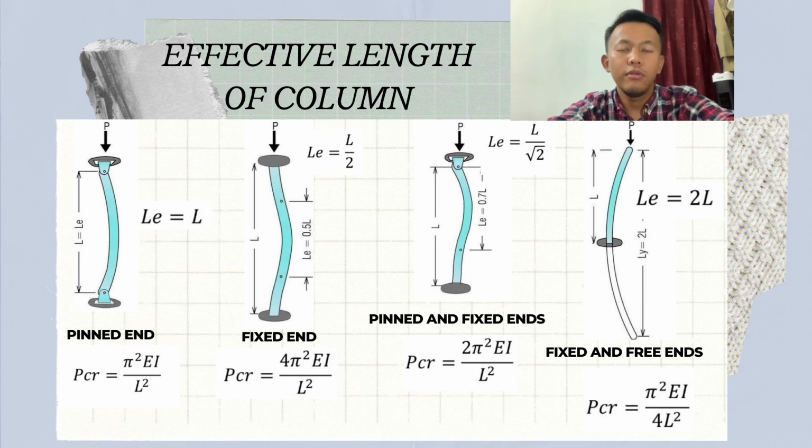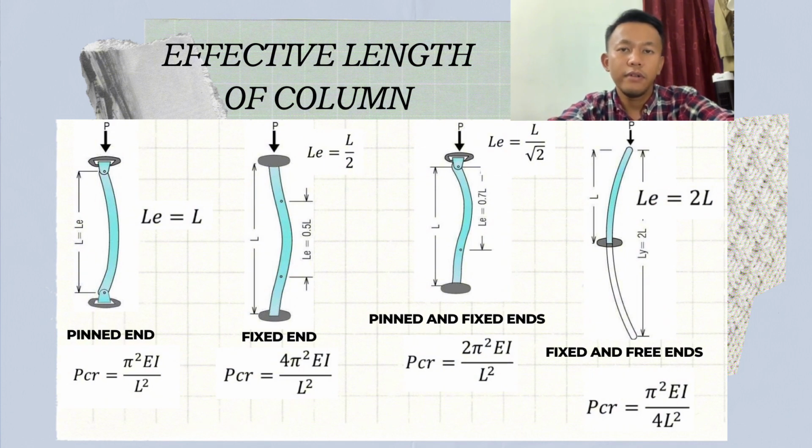Okay, next I will explain about the effective length of column. What is effective length of column? The distance between two consecutive points of contraflexure on the column is known as the equivalent or effective length. The location on the column where the direction of the column's axis changes is known as the point of contraflexure.